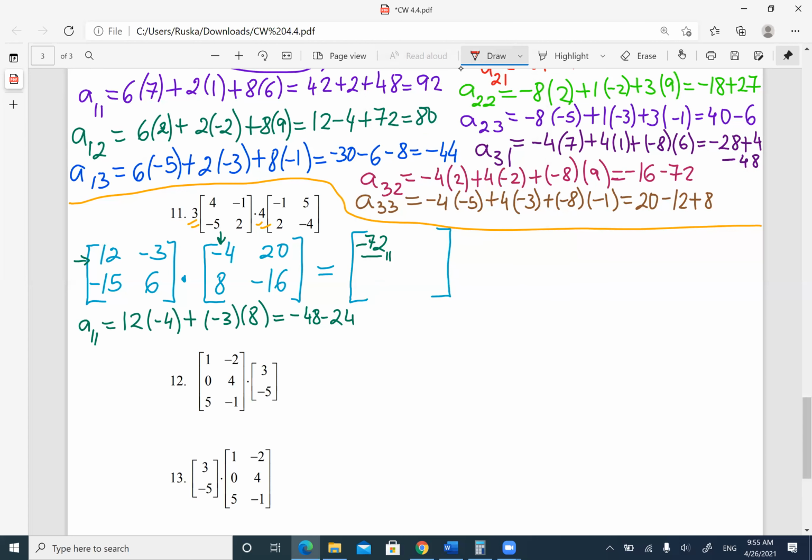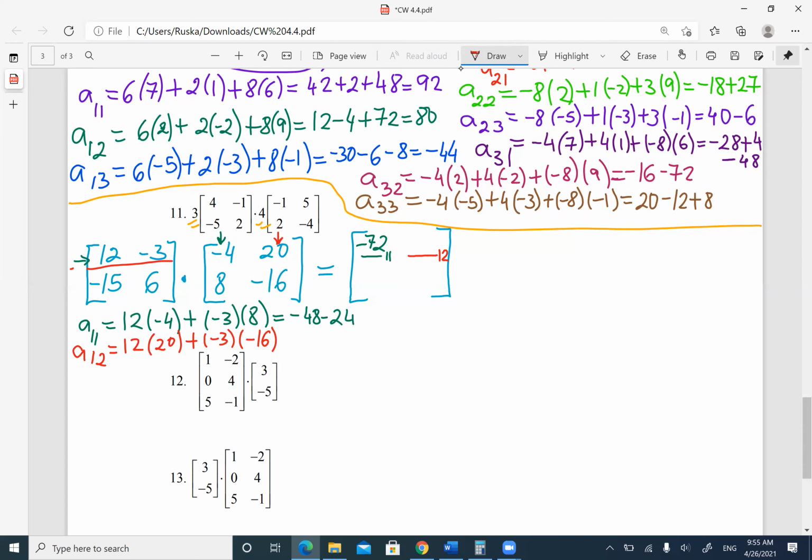Then let's go ahead and do the second element here, which is going to be first row and second column. So I have 12 times 20 plus negative 3 times negative 16.